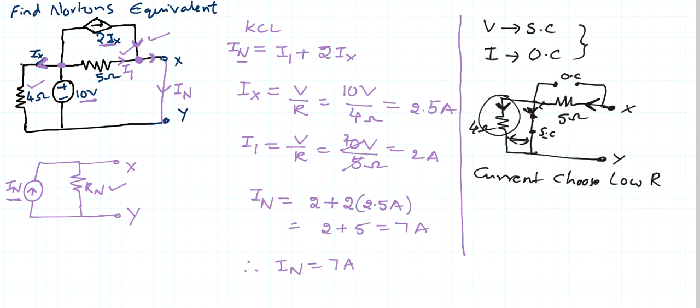Even if you calculate the resistance here, that is 4 into 0 by 4 plus 0, which is simply 0. So the R Norton will be 5 ohms only. That you have to remember. So here I Norton is 7 amperes and R Norton is 5 ohms.